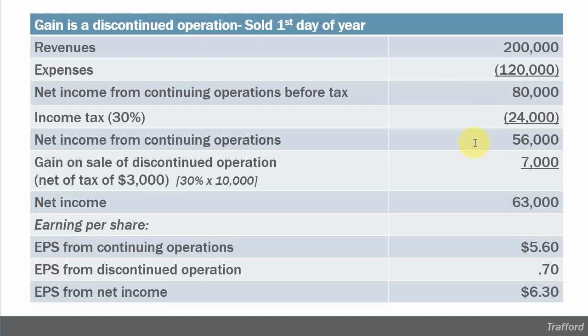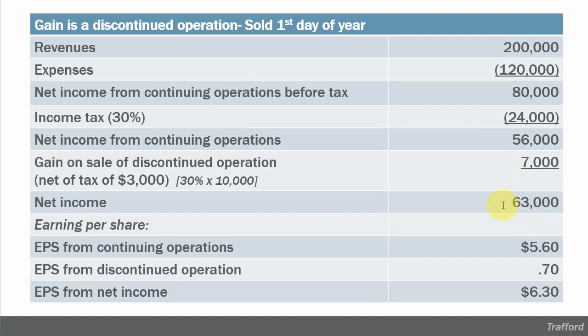Next, we report the discontinued operation net of the appropriate amount of taxes. It was a gain, a $10,000 gain, so that gain would have a $3,000 tax attached to it, 30% of 10 grand. The $10,000 gain net of the tax expense of $3,000 is a $7,000 gain. So $56,000 income from continuing operations plus a $7,000 gain from the discontinued operation gives us net income of $63,000.